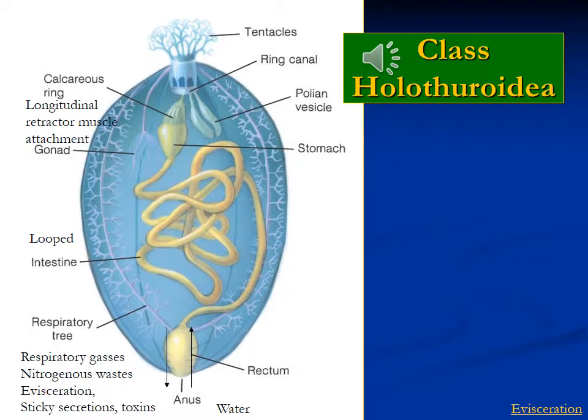Fertilization is mostly external. They have planktonic larvae that metamorphose and settle into a sea cucumber. Some of these species have brooding, and females will trap eggs when they're released, and once they're fertilized, they're transferred to specialized regions of the body surface where they're brooded.